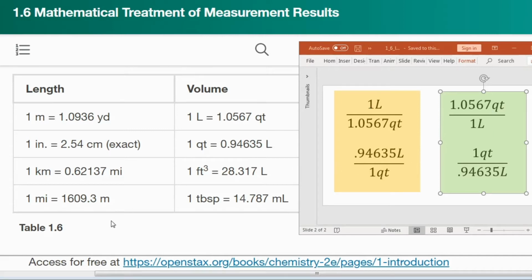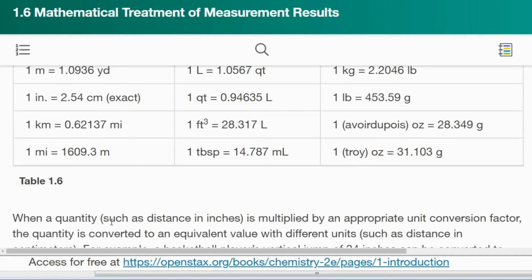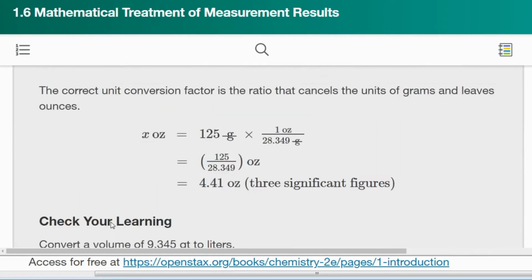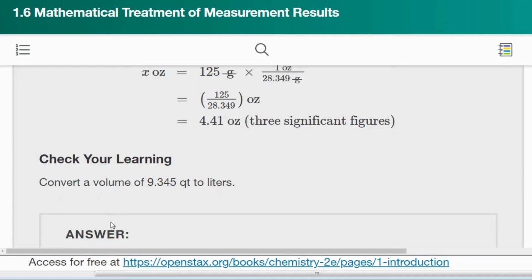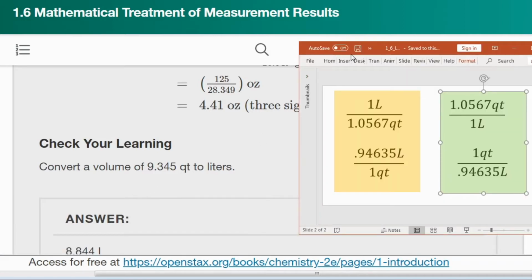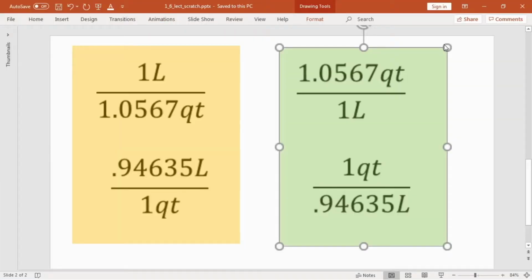Okay, so now let's look at what the assignment was. Convert the volume of 9.345 quarts to liters. So we want to convert quarts to liters. So 9.345.